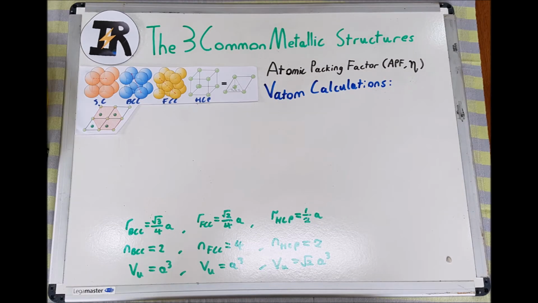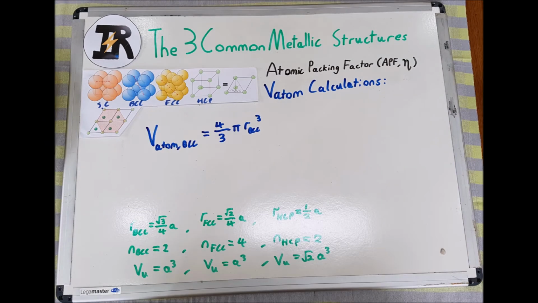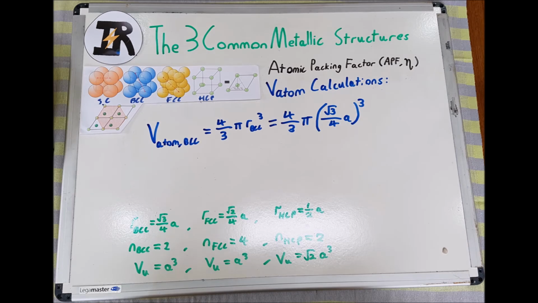The final step to working out our atomic packing factors is to calculate the volume of the atoms. The volume of a sphere is 4/3 pi r cubed, where r is the atomic radius, so for our structures we have to input the atomic radius for each one in terms of a to obtain the atomic volume for each of the structures. When we input the atomic radius for BCC, we obtain this when we directly put it in.